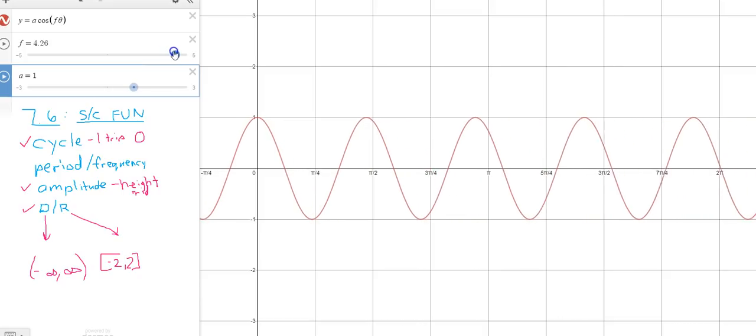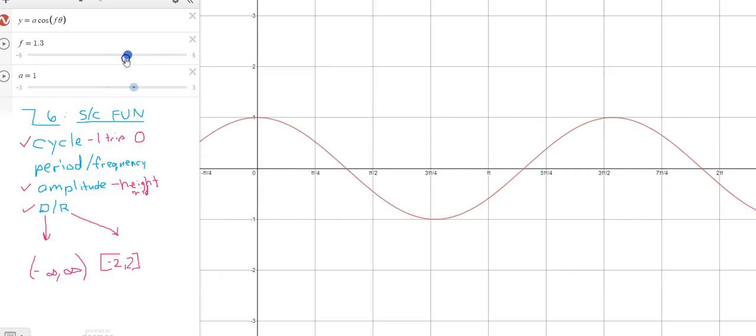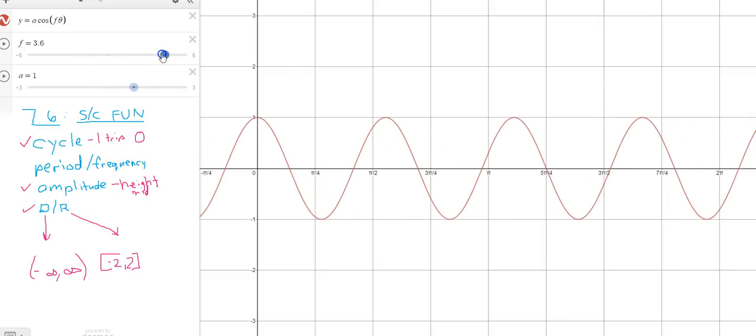It's squinching up. It's getting closer and closer to where one cycle of cosine, instead of being all the way from 0 to somewhere here around 2 pi, I can go through one cycle, one trip around my unit circle, and be done right here, right after I've gone 90 degrees.